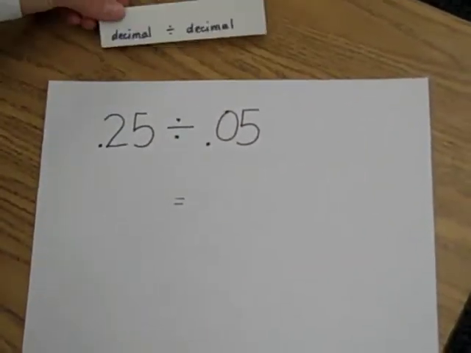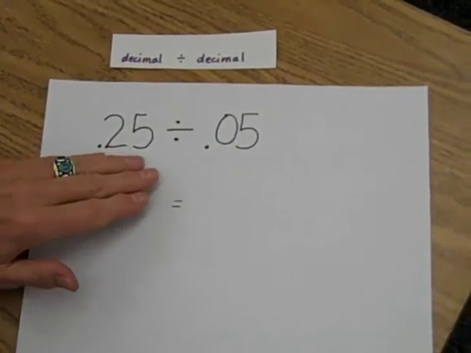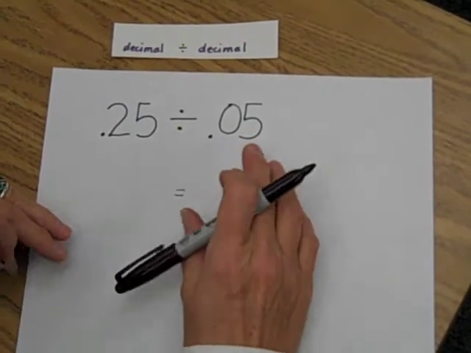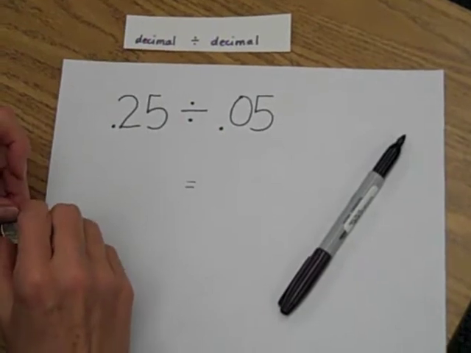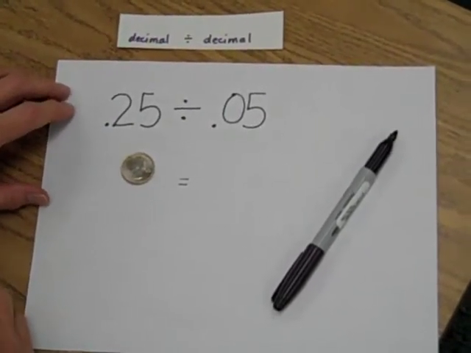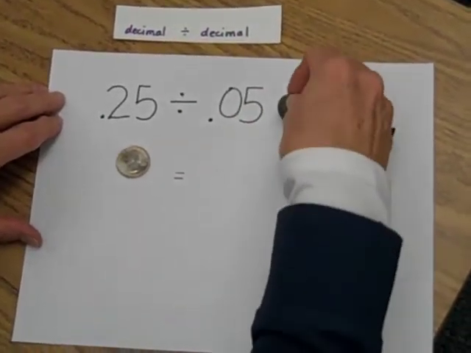Our next problem is a decimal divided by a decimal. We have 25 hundredths divided by 5 hundredths. But we want to use something that we already know, which is money. 25 hundredths is another name for the coin of 1 quarter. 5 hundredths is a name for a nickel.